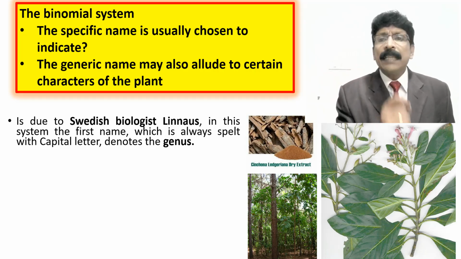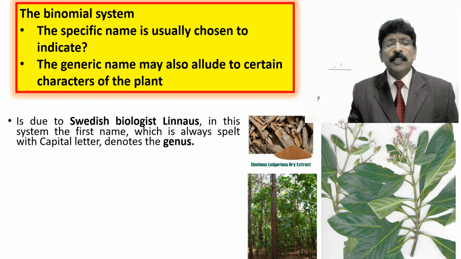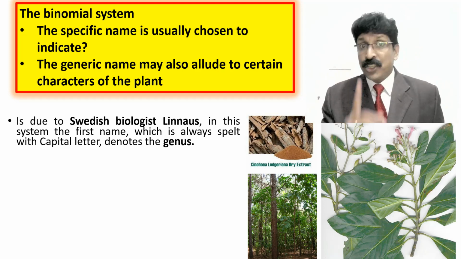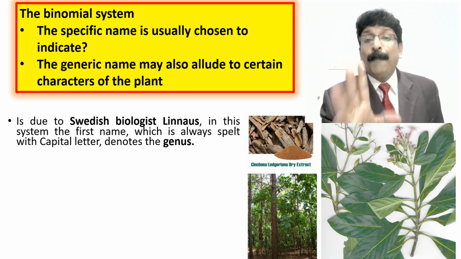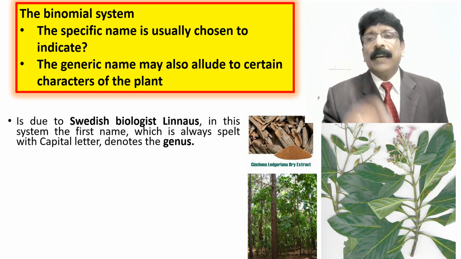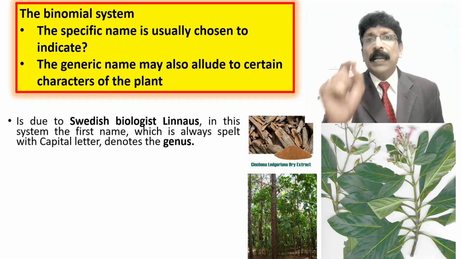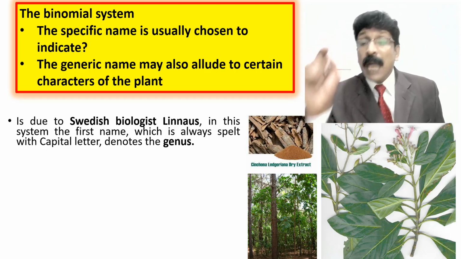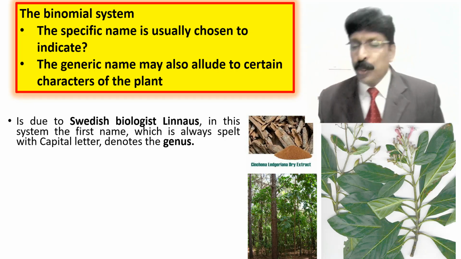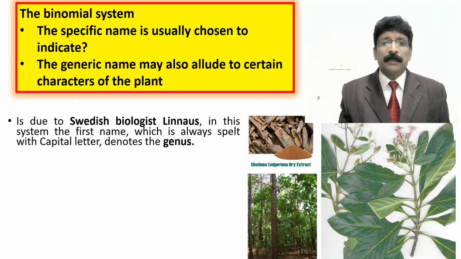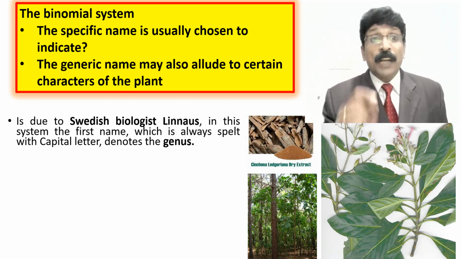In this system, the first name, the genus, is always spelt with a capital letter. You can see Cinchona, we write C capital. Here they have written everything in capitals, but usually when you are writing, Cinchona starts with a capital C and ledgeriana starts with a small l. If you write all in capital letters, there is no issue for the typographic method, but usually the genus should start with a capital letter.